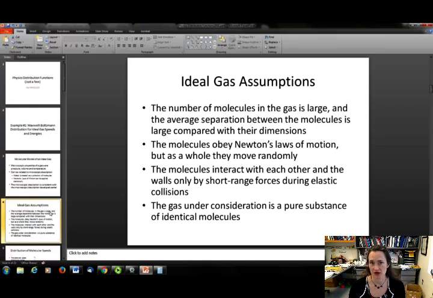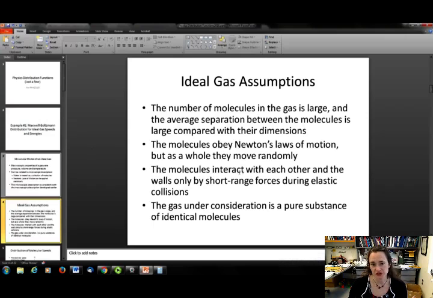So if the molecule is only a few tenths of a nanometer across, then it should be separated by several tens of nanometers on average. And they do obey Newton's laws of motion, but as a whole they move randomly, so it would be really difficult for a mole of gas atoms to predict the individual motion of one atom. You could do it, but you probably need a supercomputer.